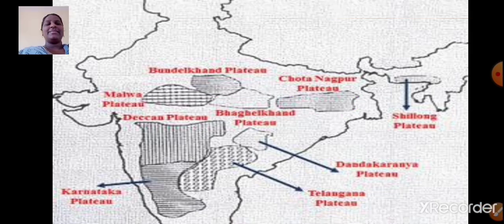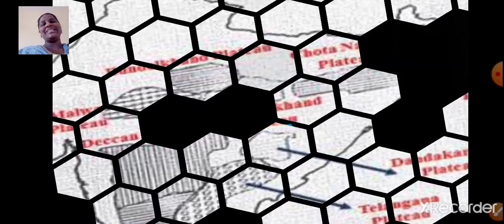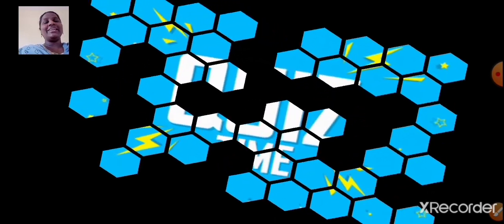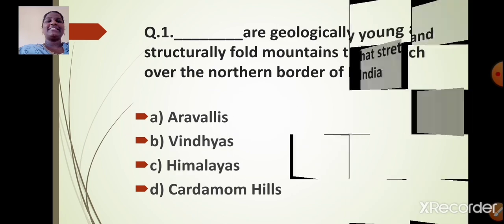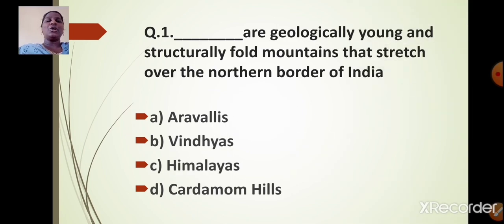Now it's time for quiz. I hope you all are ready for the quiz. Question number 1. Dash are geologically young and structurally fold mountains that stretch over the northern border of India. Option A, Aravalis.